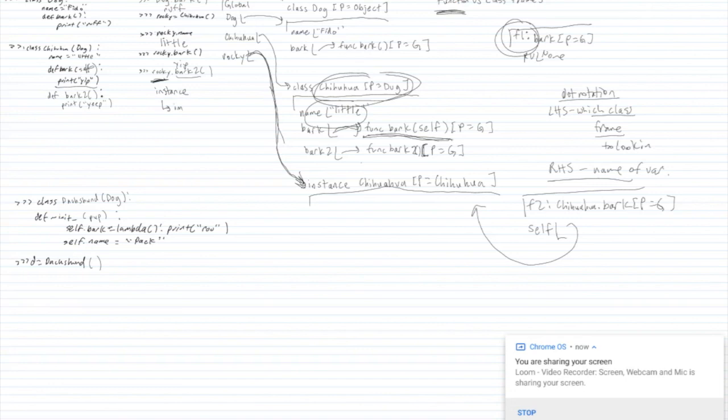which implicitly passes itself in as the first argument, as we did here. Remember, we passed in self, which was this pointer to Rocky's frame.